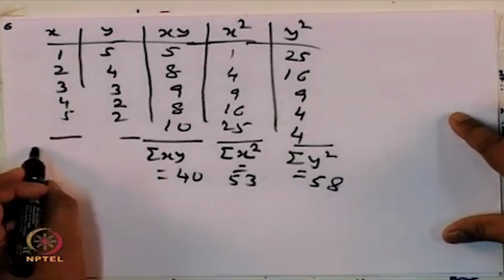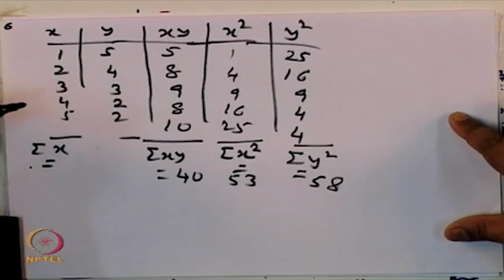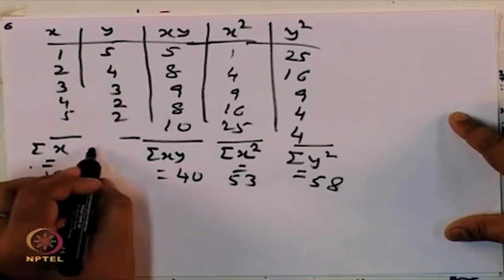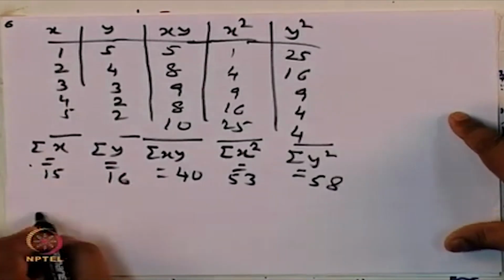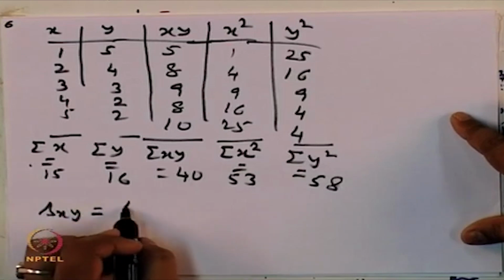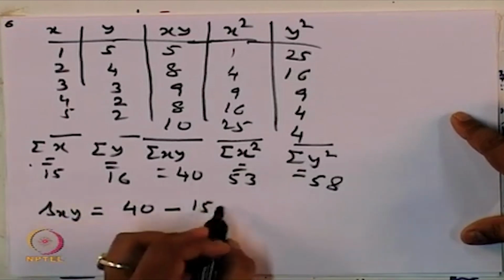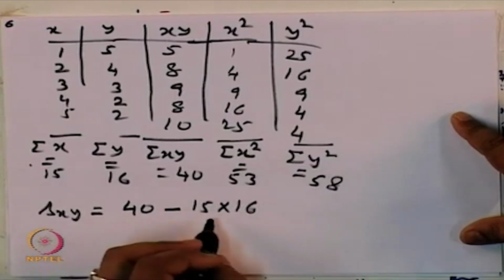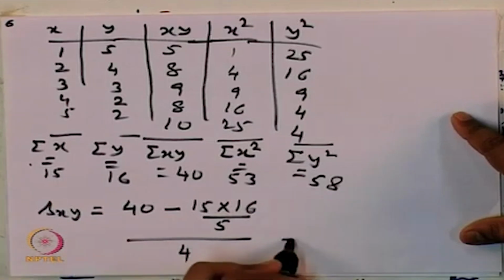Summation of x, of course, is 15, and summation of y is equal to 16. Okay. So, my s x y is given by summation x y, which is equal to 40, minus summation x is 15 into summation y 16 by n, which is 5, whole divided by 4.